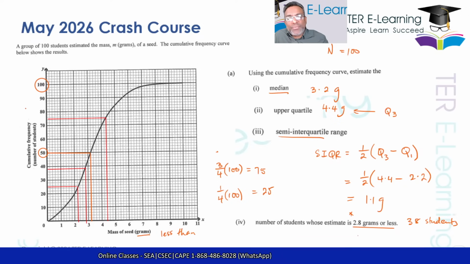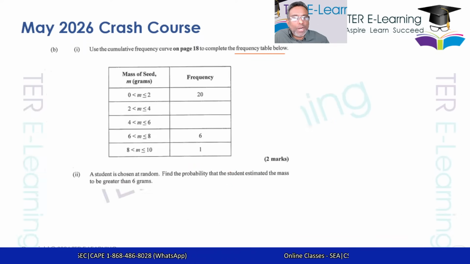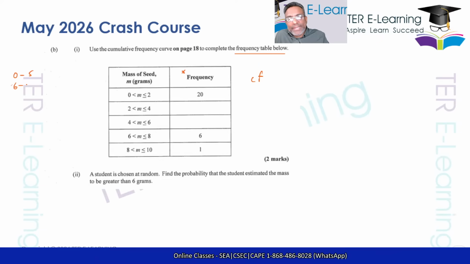Basically, a cumulative frequency curve gives us all the cumulative frequencies. However, we are working backwards here to figure out the frequency. Sometimes when you are given grouped data, you see groups like 0 to 5, 6 to 10, 11 to 15, and so forth.